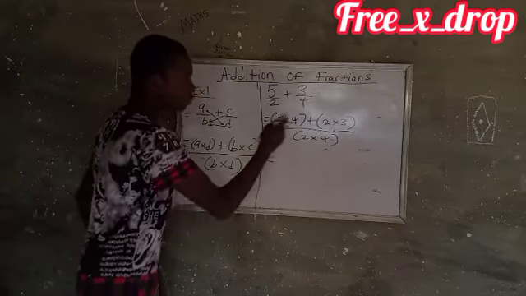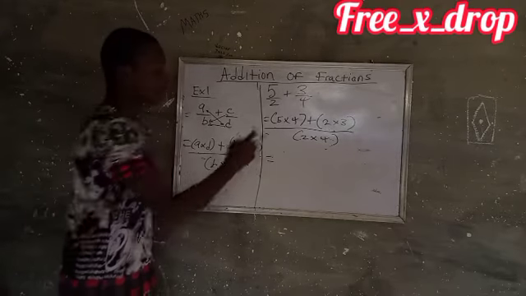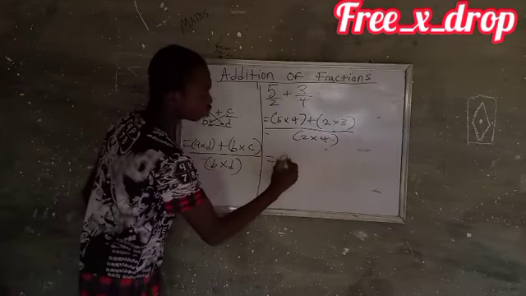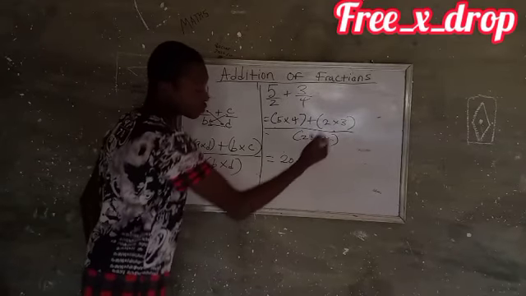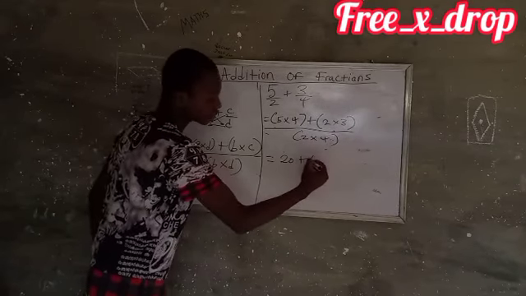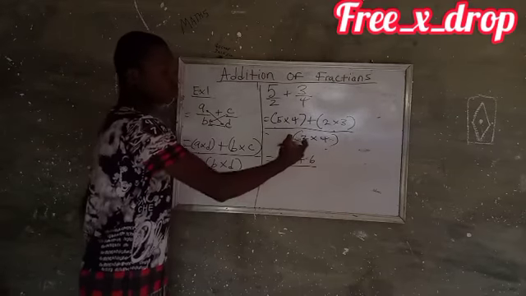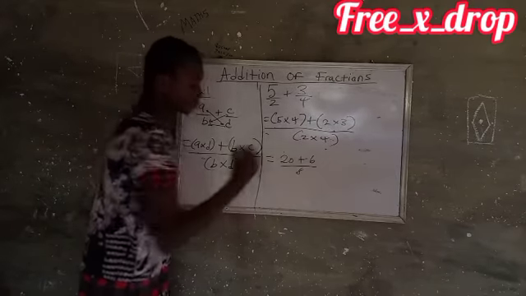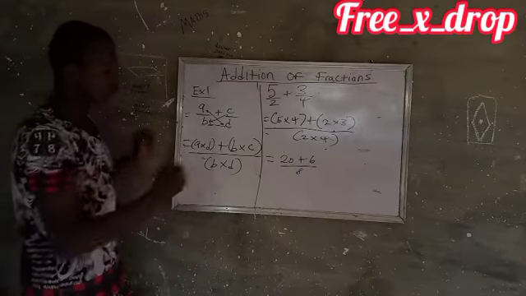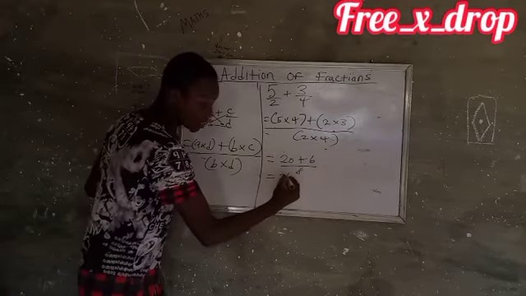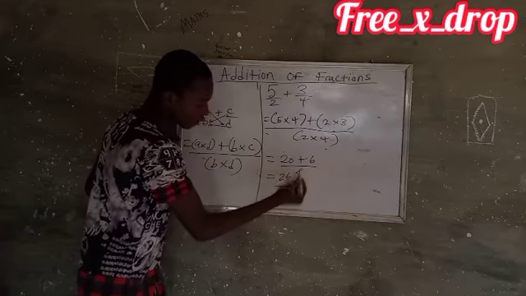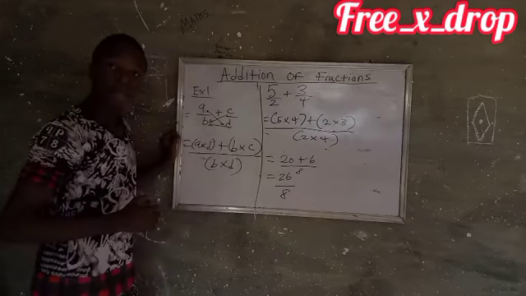Now you solve according to what you have written. 5 times 4 is 20, plus 2 times 3 is 6, over 2 times 4, which is 8. Now you add them up. 20 plus 6 is 26, all over 8.